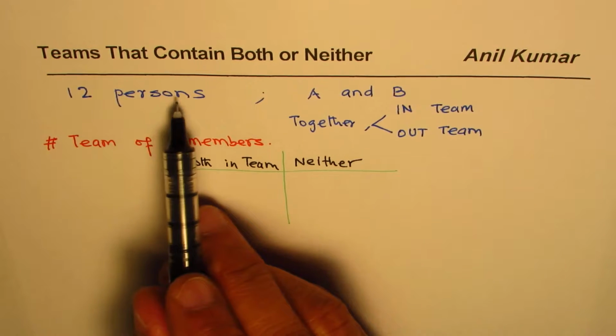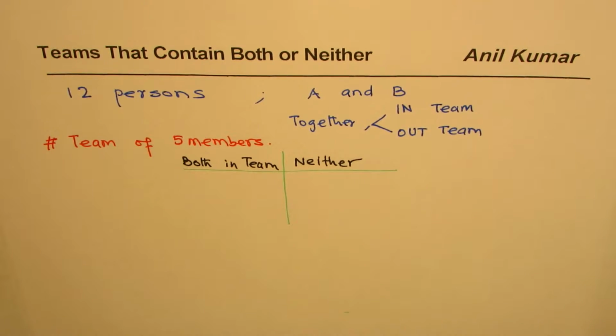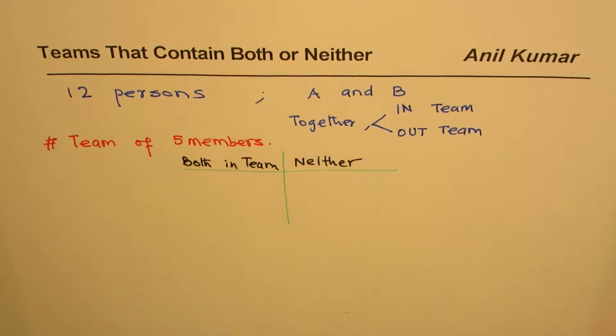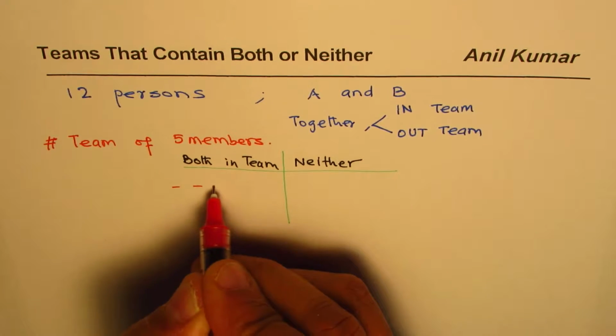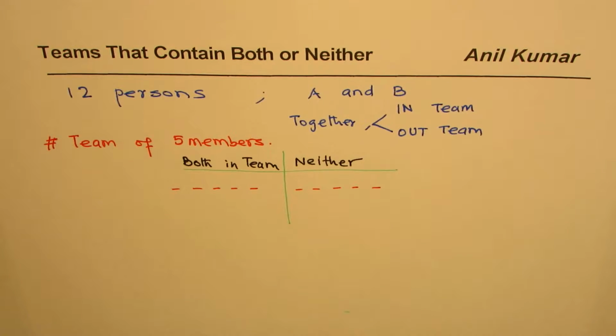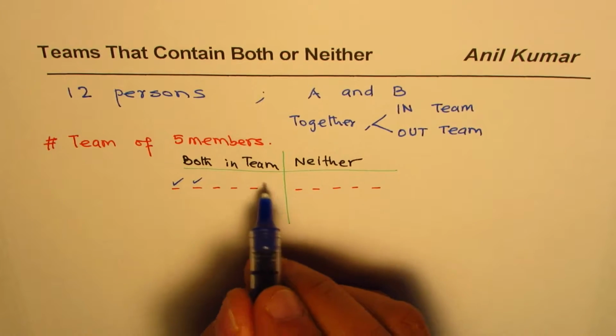Now, out of these 12 persons, we are selecting 5. If we have already taken 2, we are left with 3 positions. So both are already in the team. There are 5 positions, and once these 2 members, A and B, have occupied places, we are left with 3.